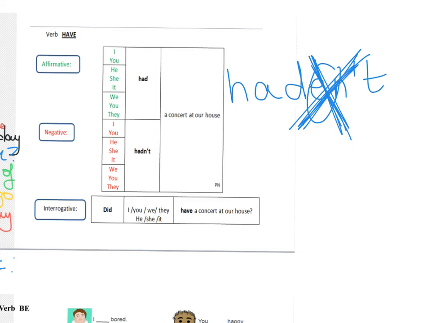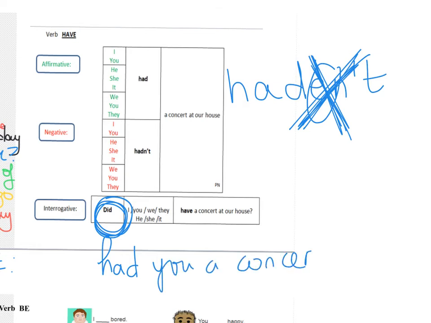Finally, we write the did, okay, for the interrogative. Or you can write had you a concert at a house, blah, blah, blah.